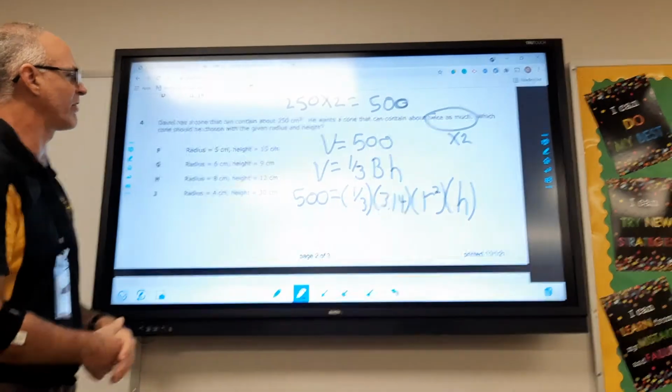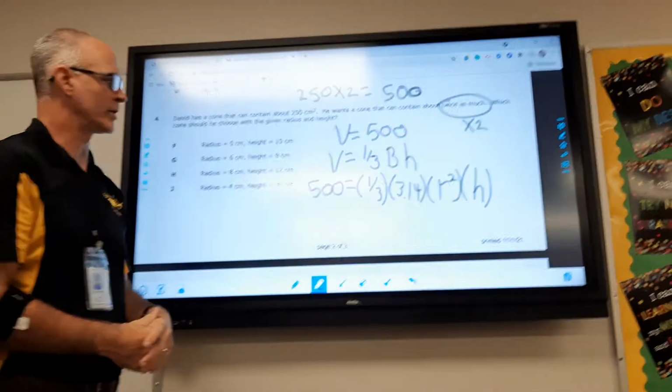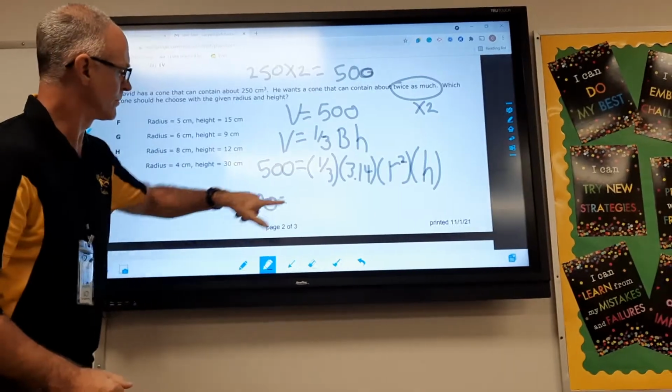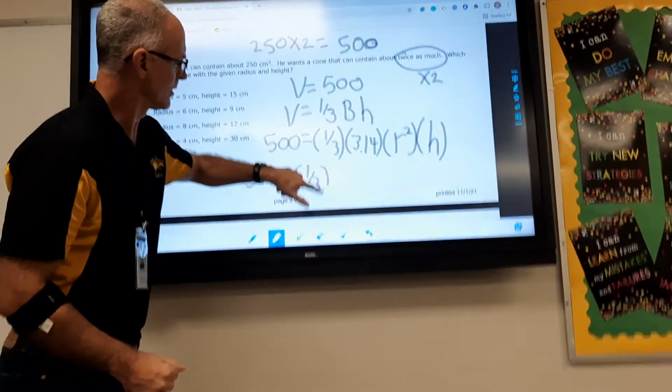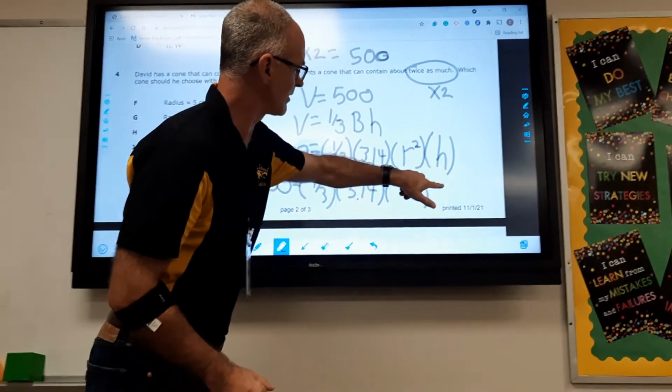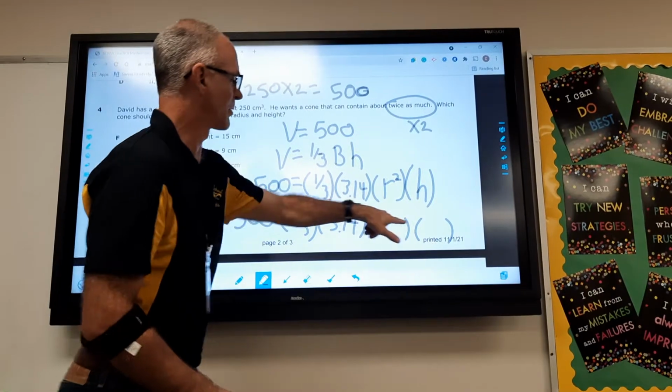What's closest to 500? Which one would it be? 1/3, 3.14. What's the radius going to be and the height? What numbers are we going to put in here?